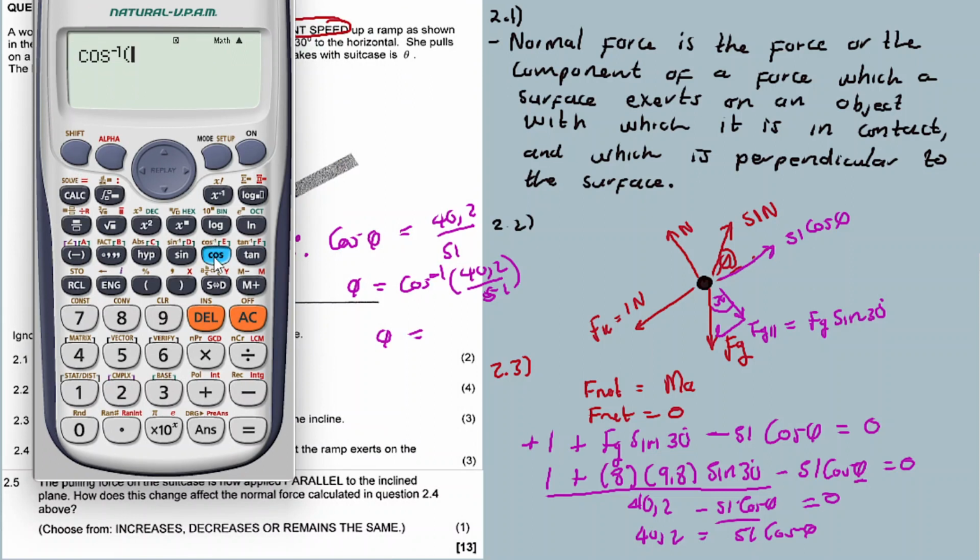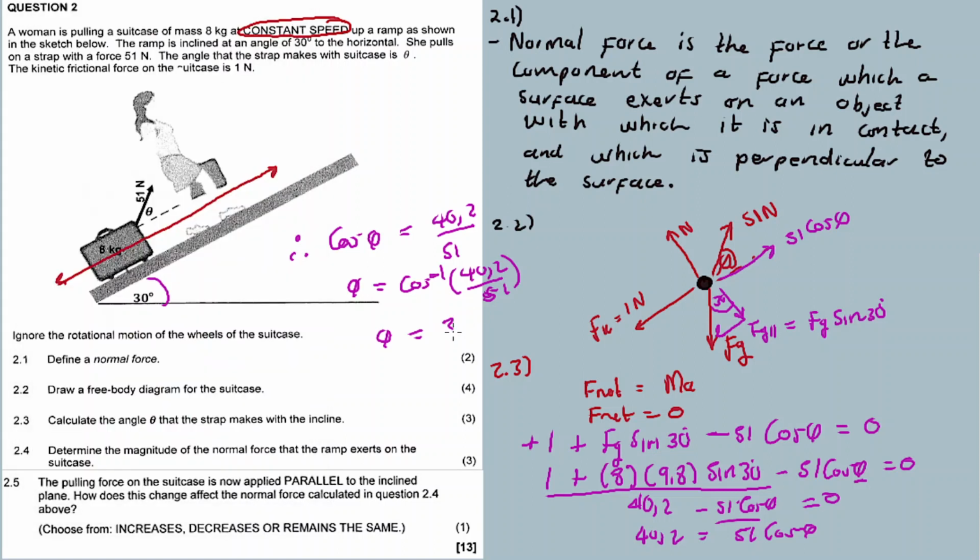So shift cos 40.2 divided by 51. Now the answer here is 37.98 degrees.